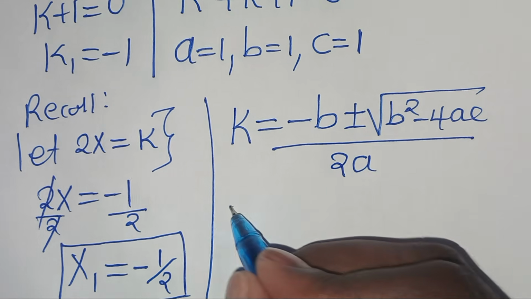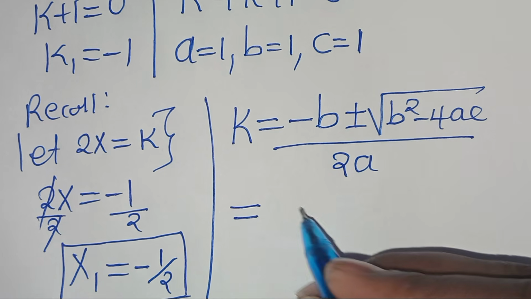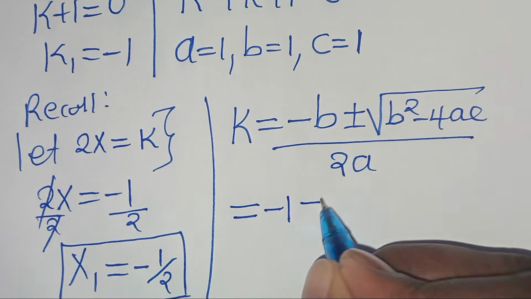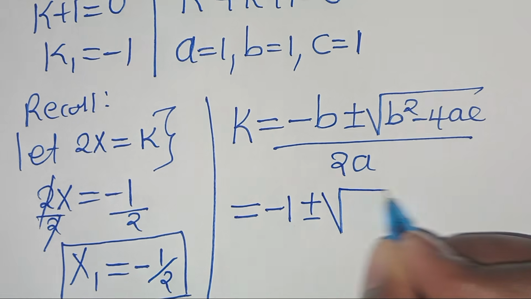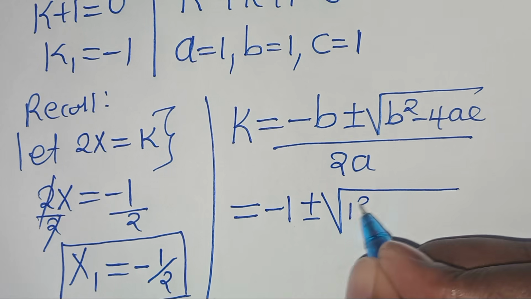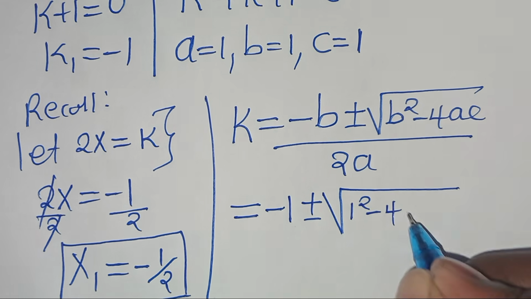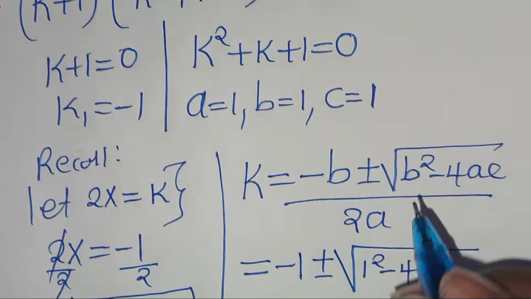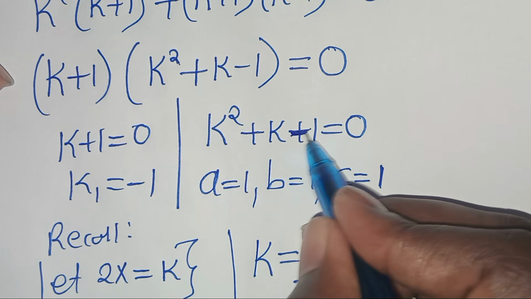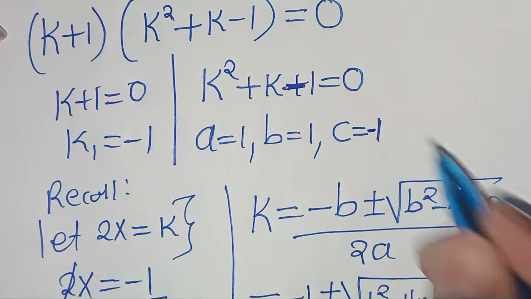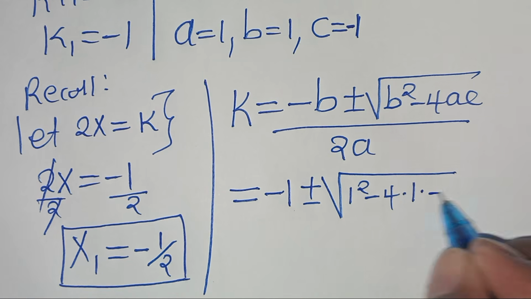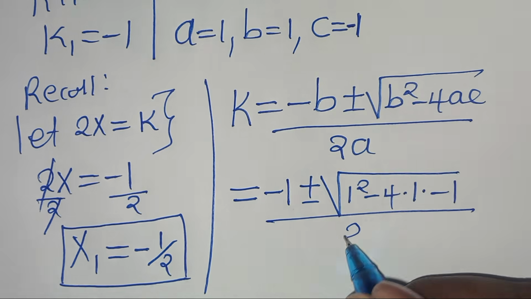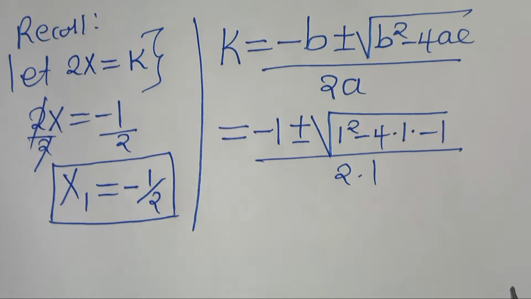Now let's substitute the values of a, b, and c so that we have minus 1 plus or minus the square root of 1 squared minus 4 times a, which is 1, then times c. C here is minus 1, so we have times minus 1, everything here, divided by 2 times 1.